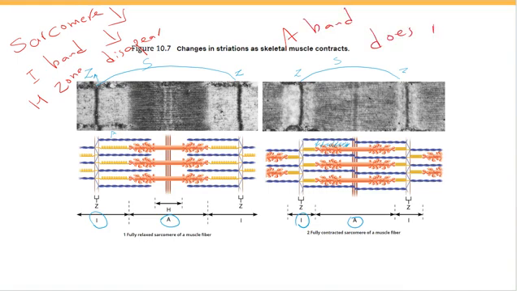Why? Because the A band is the length of the myosin filament. There is no change in the length of any filaments. Thin filament, thick filament, length is not going to change. The only thing we have is a sliding of the thin filament over the thick filament, and because the A band shows the length of the myosin filament, it is not going to change.